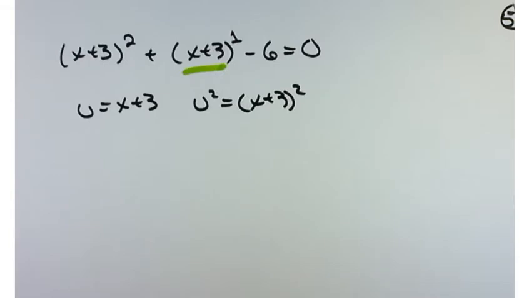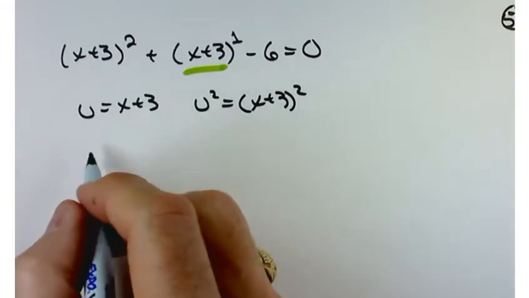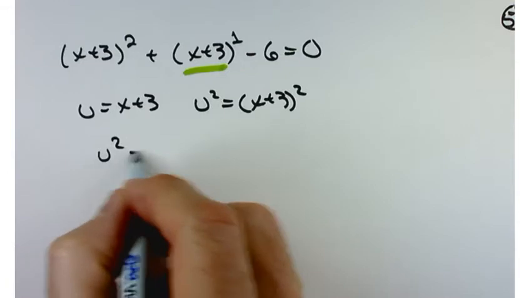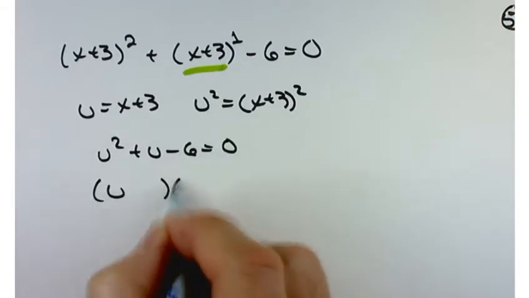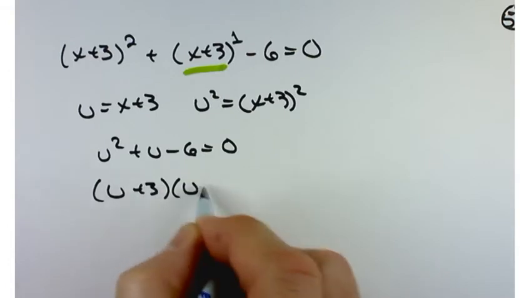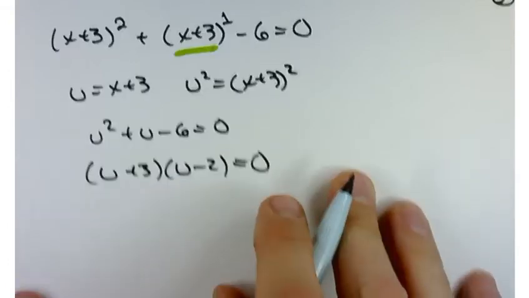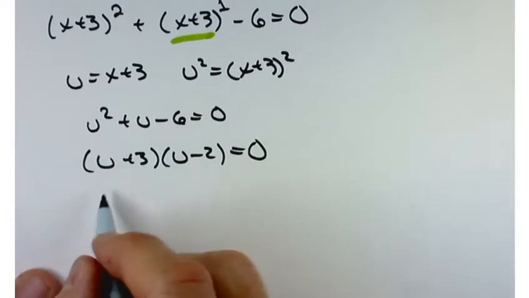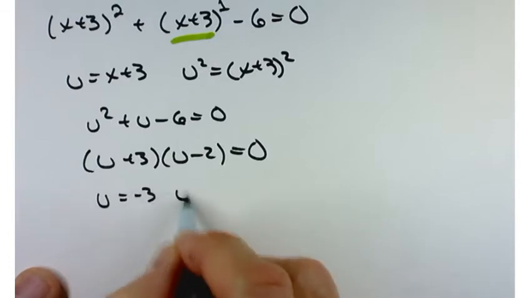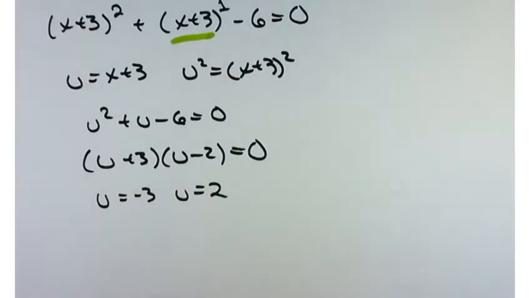Courtney, what's the quadratic equation I get from this? Perfect. So those factors are the +3 and -2. Joe, what are my solutions here for you? Perfect. -3 and 2. Those I hope you can read right off.